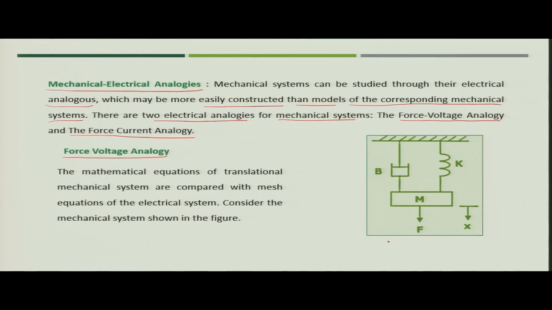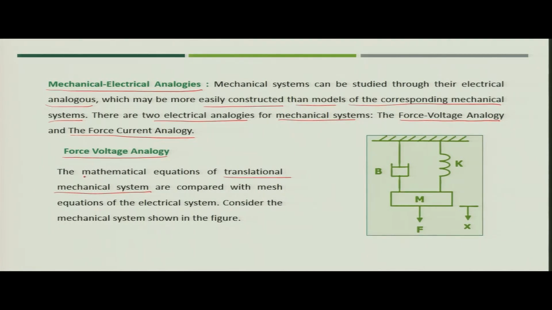If you see the mechanical system shown in the figure, we have one dashpot and one spring, and you see the mass m connected and force F applied, which gives the displacement x. Basically this is a translational mechanical system.